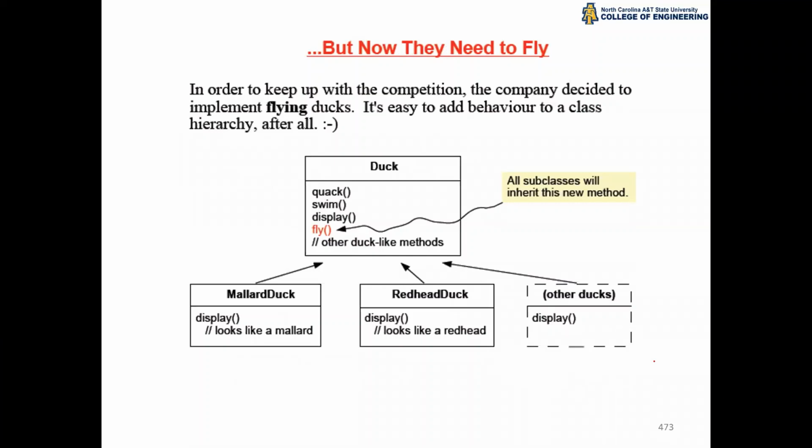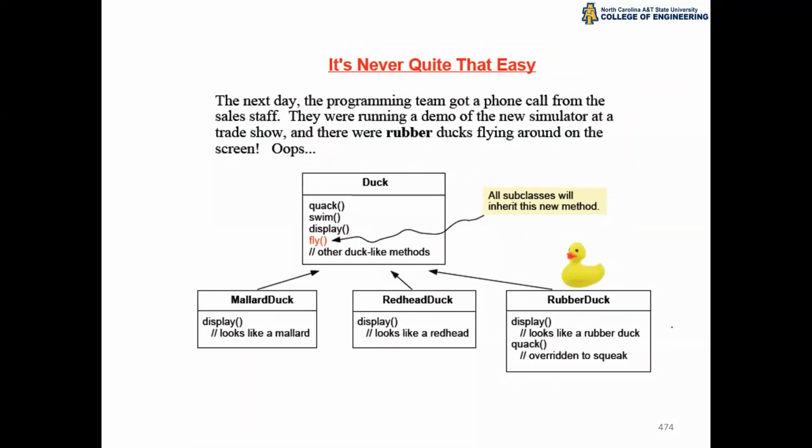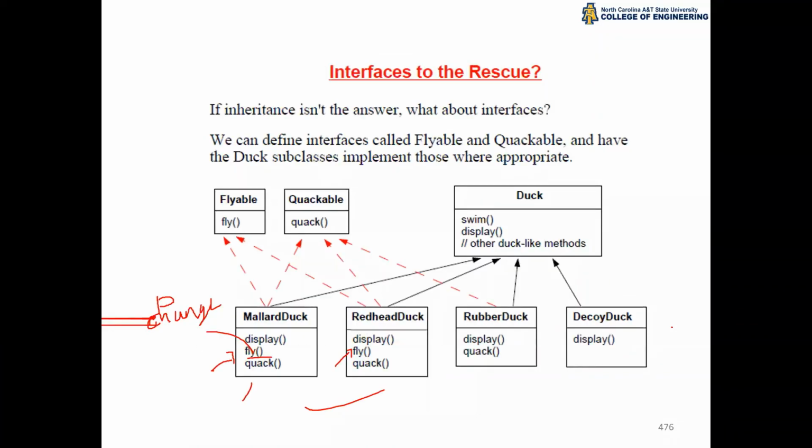If you want to add one method, it is inherited by all subclasses, but some ducks may not fly, and still inherit it. So you try to use the Flyable and Quackable interfaces.